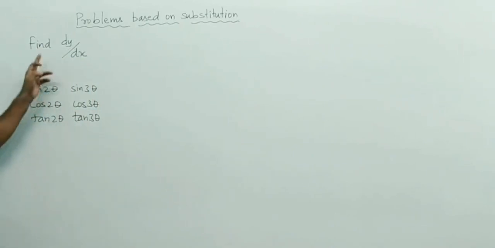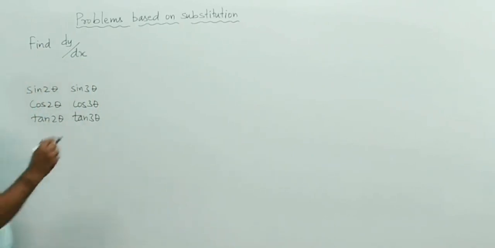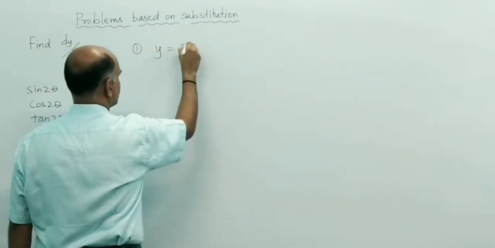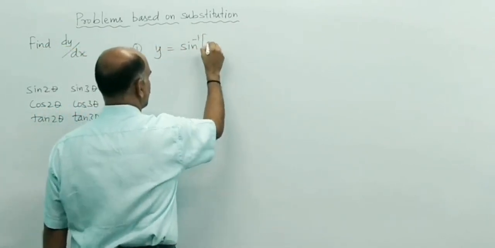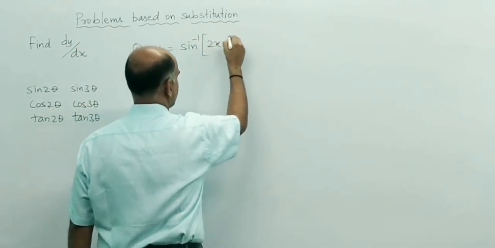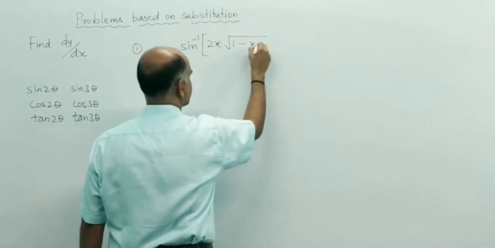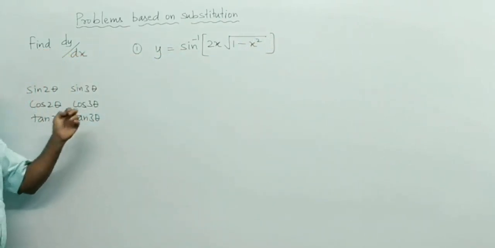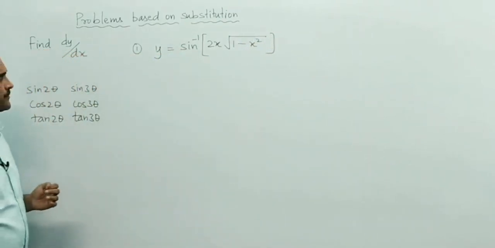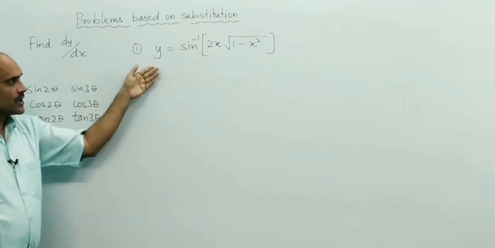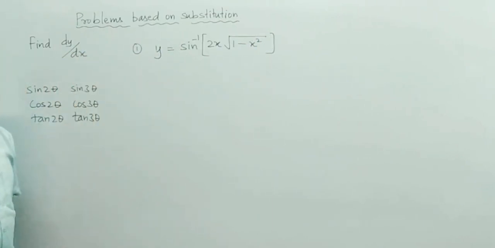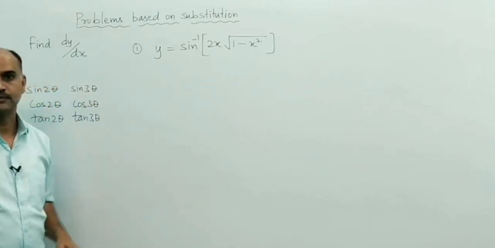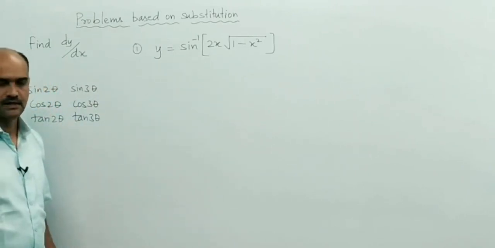So if I take first problem, find dy by dx. First one, y is equal to sine inverse of bracket 2x root of 1 minus x square. You are required to find dy by dx. Now again you cannot differentiate directly because it will be complicated and becomes lengthy, and finally you will not be able to arrive at the answer.